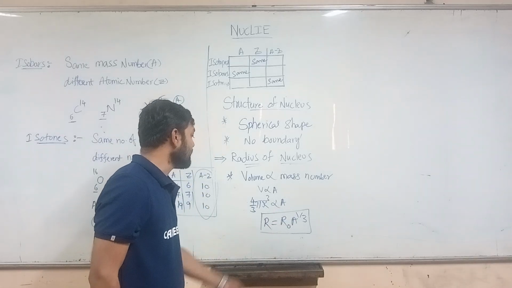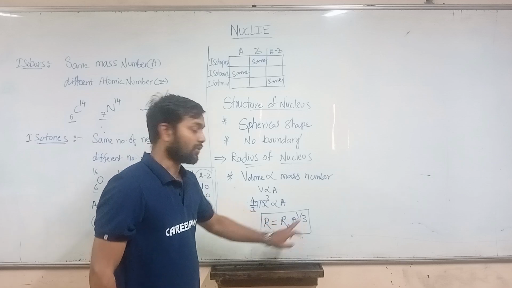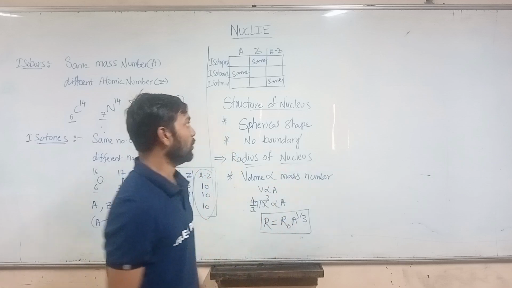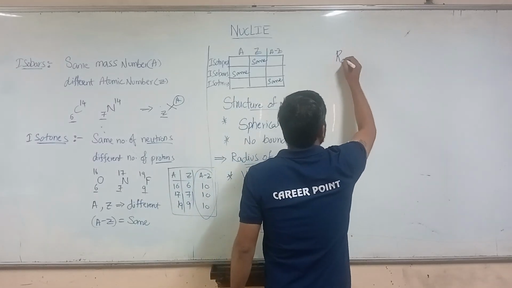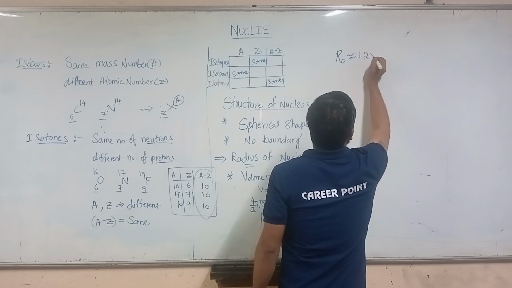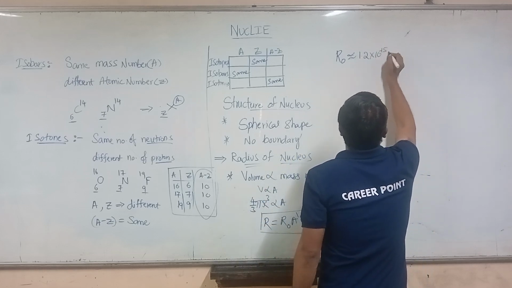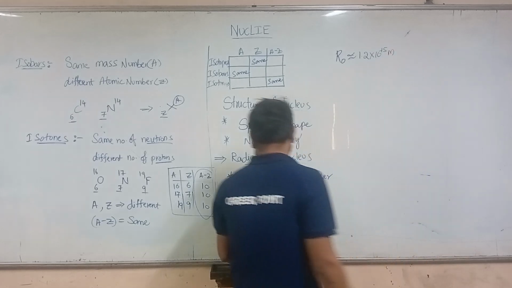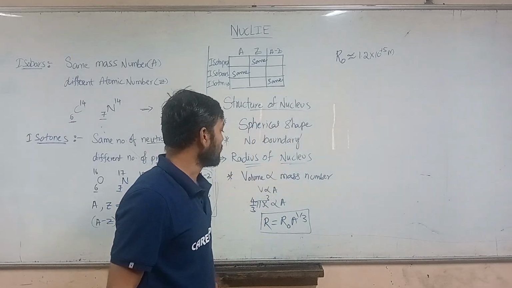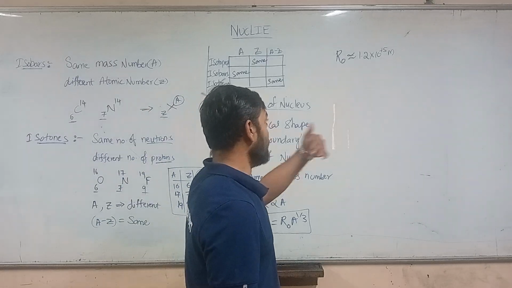Then we are going to get that r value is equal to r naught A to the power 1 by 3, right? This r naught value will be similar to 1.2 into 10 to the power minus 15 meters. So the radius of the nucleus is about 1.2 into 10 to the power minus 15 meters.